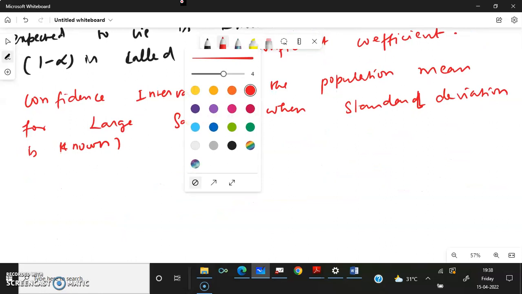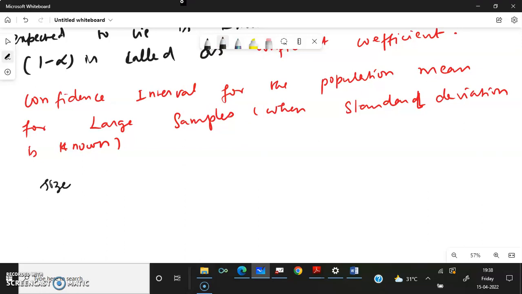If we take repeated independent random samples of size n, so the size of the sample is n, from a population with an unknown mean but known standard deviation, suppose sigma, the standard deviation of the population, is known.